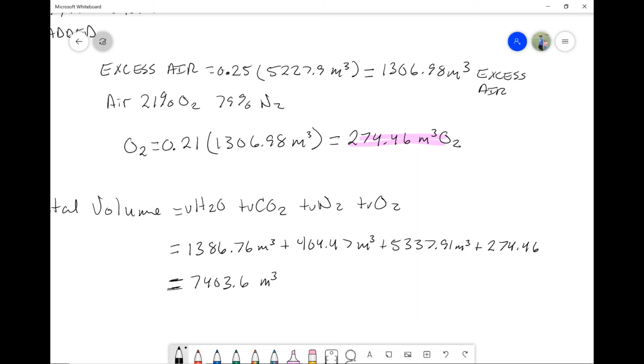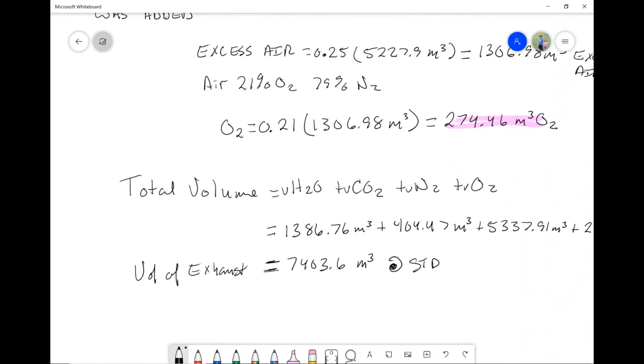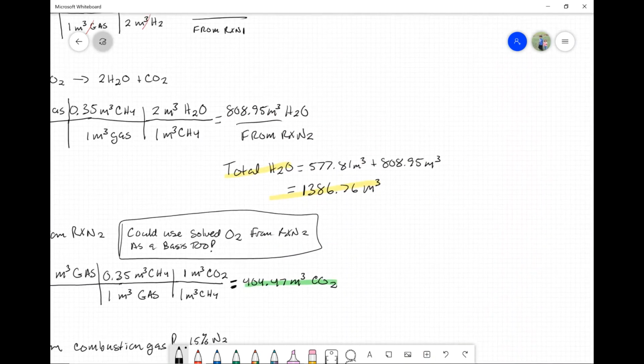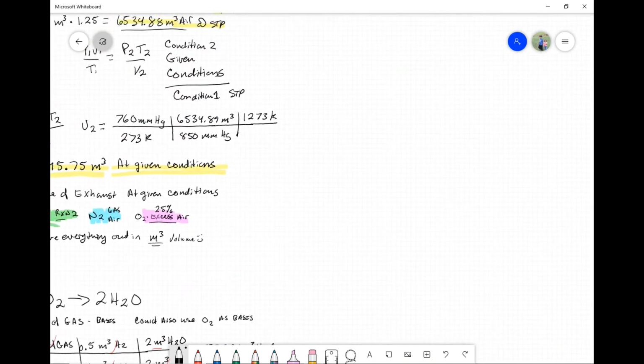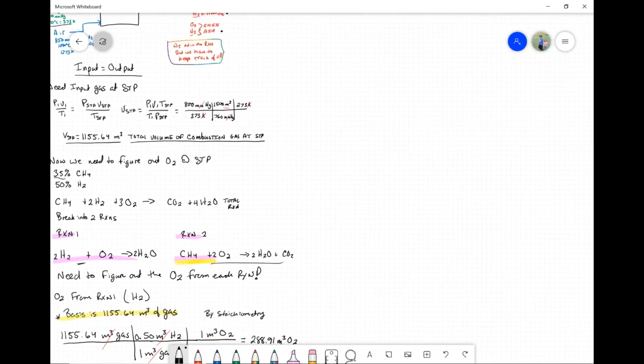One thing you have to remember is that this is the volume of the exhaust. So the volume of our exhaust is 7403.6 cubic meters at STP. They wanted to know at the given conditions what the volume was. And so it's another repetitive exercise of using the ideal gas law. So let's go back up.